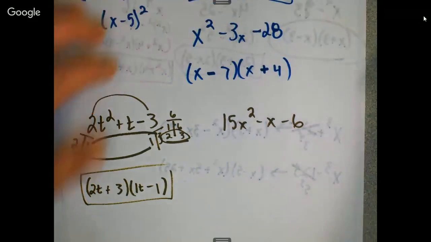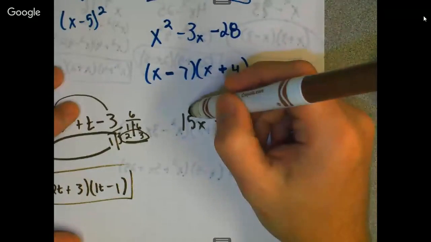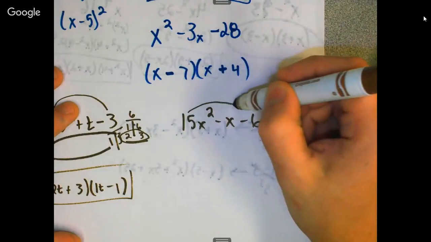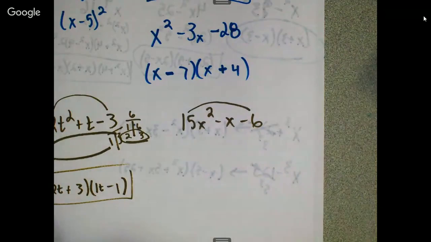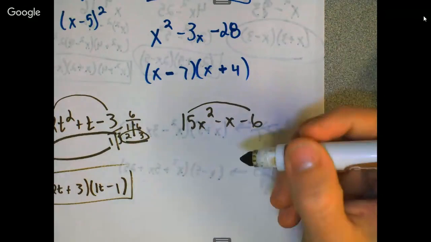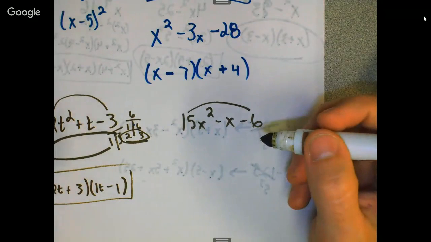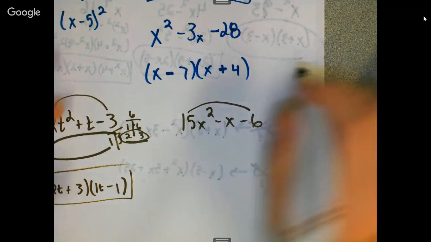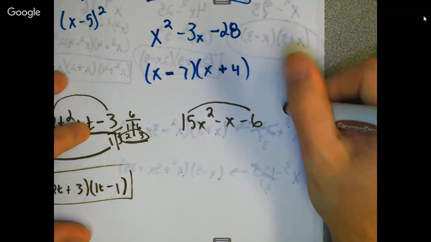Over here, we are going to take 15 times 6. 15 times 6 is 90.